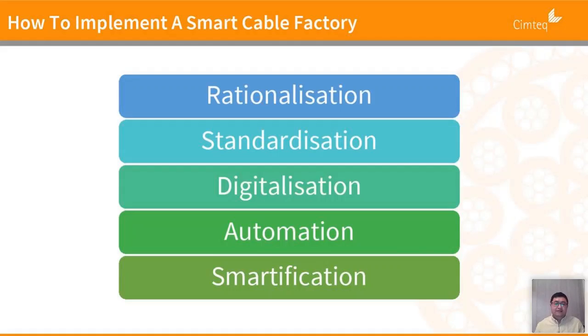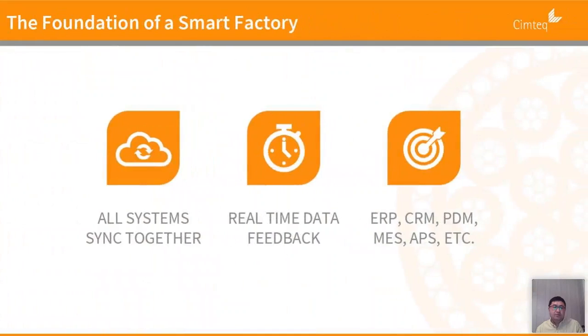So those are the 5 stages. It's very important, because you can use these 5 stages to place your factory in this matrix, see where you are, and see how far you can go to achieve your smart factory goals. That is the 5 steps of implementing a smart factory, or cable smart factory.